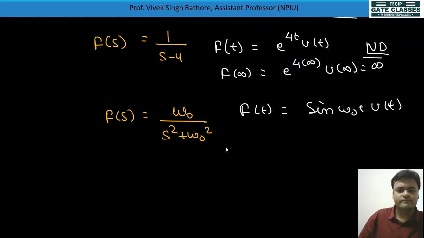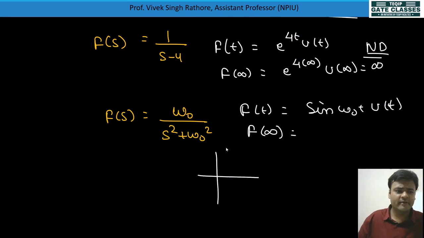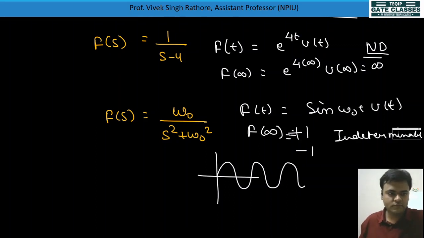So if I ask you f of infinite value, then what will you tell? Sir, it is indeterminable, because see, sine omega naught t may be plus 1, may be minus 1 for t equal to infinite value. So we can tell that it is indeterminable. Okay.